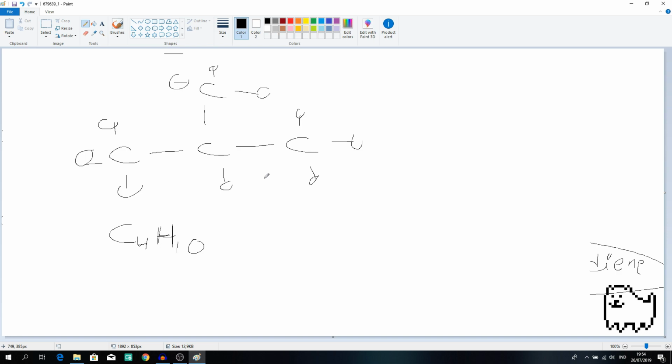So the first rule that goes behind naming this kind of compound is to look for the chain with the longest carbon. So the longest chain here is these three, while this is just a short attachment.